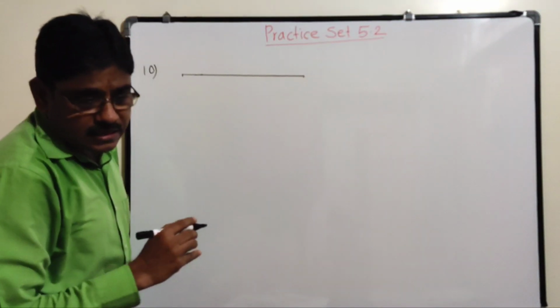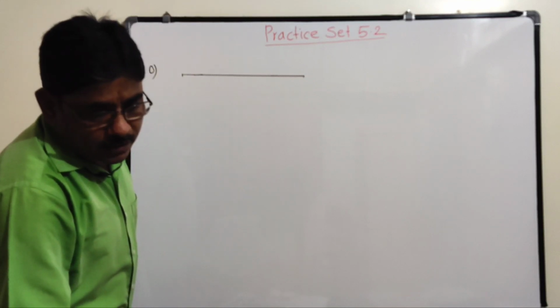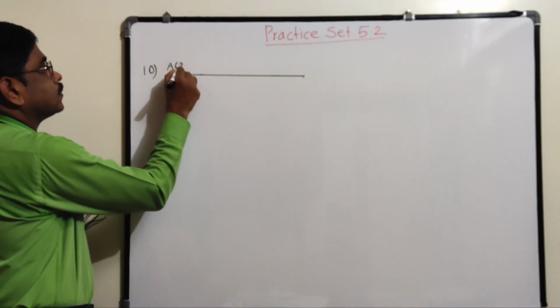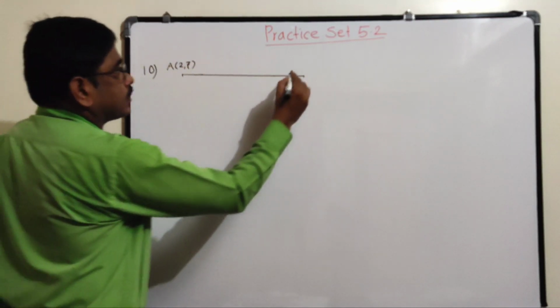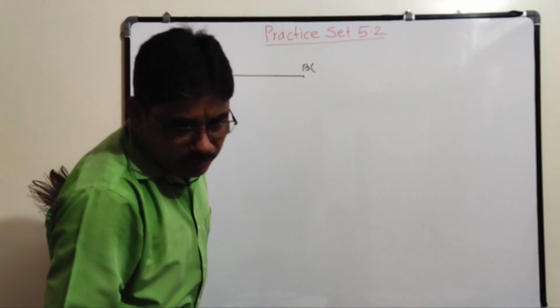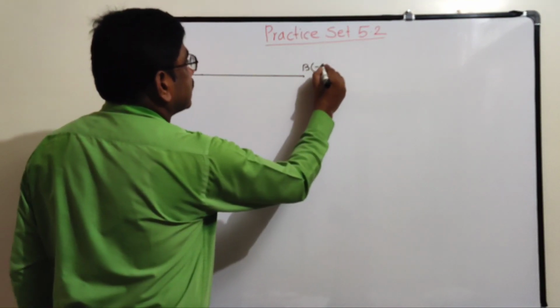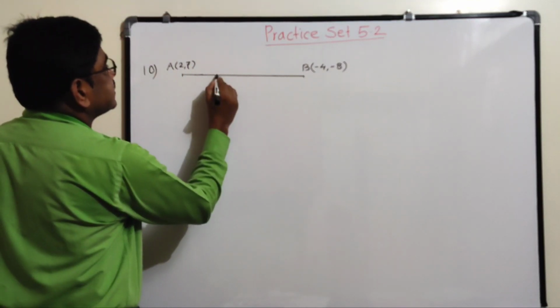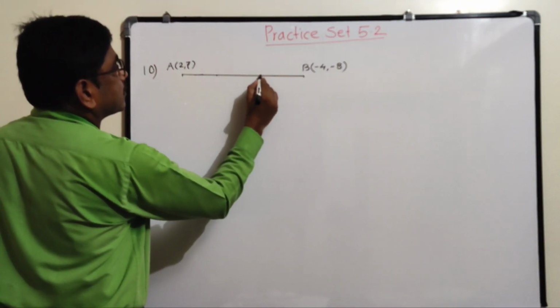Here this is the segment AB. Here the coordinates of A are (2, 7) and B is (minus 4, minus 8). Now trisection means divide into 3 equal parts.